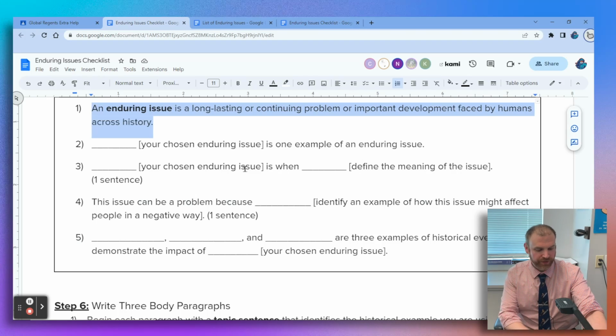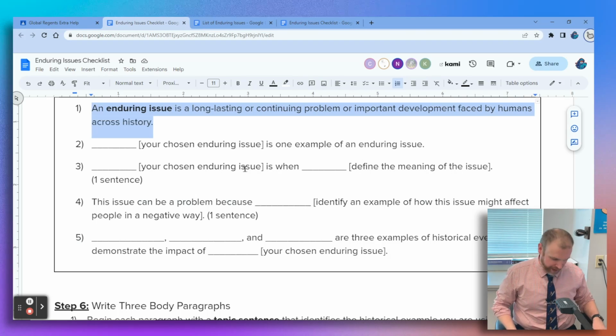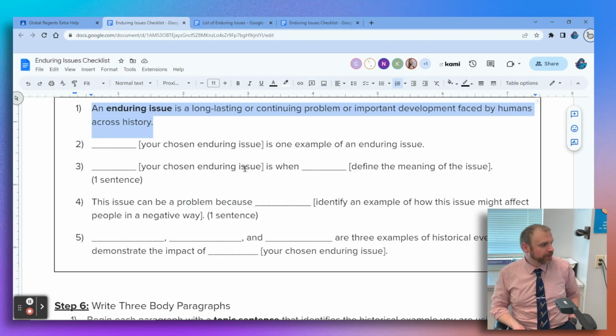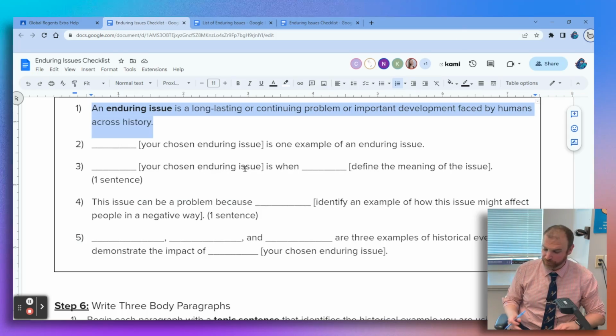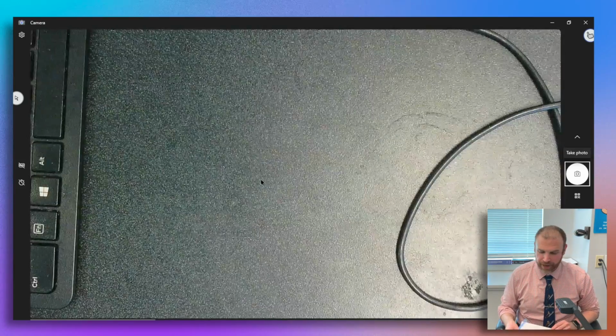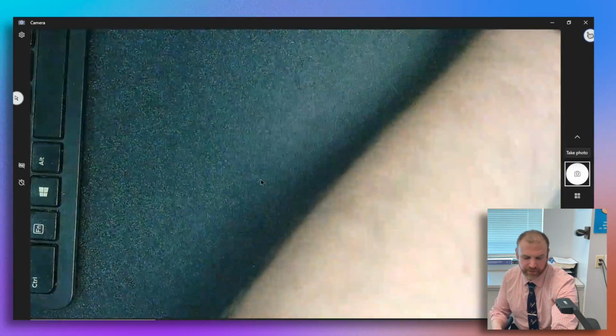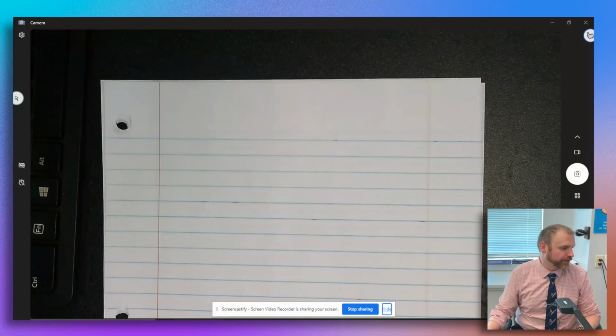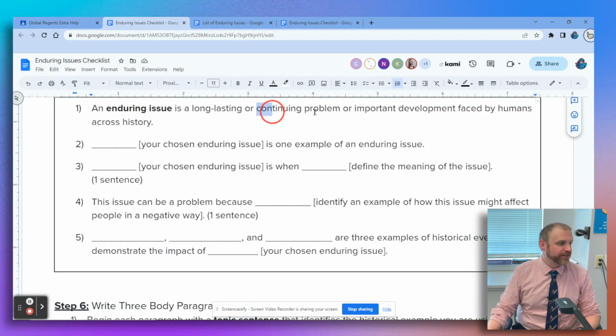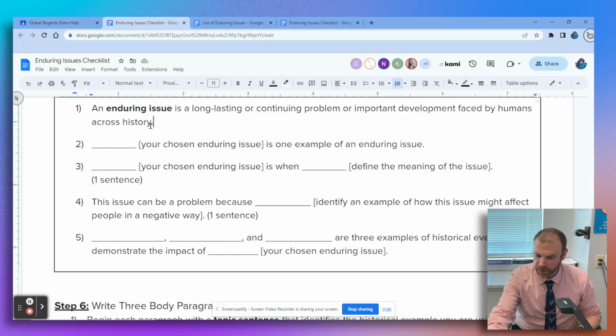I'm going to write some of this stuff out, and I would encourage you to do the same thing, even if it's on your Chromebook or maybe in paper form. I think a strong way to begin your essay is to simply define what an enduring issue is, right? An enduring issue is a long-lasting or continuing problem or important development faced by humans across history.